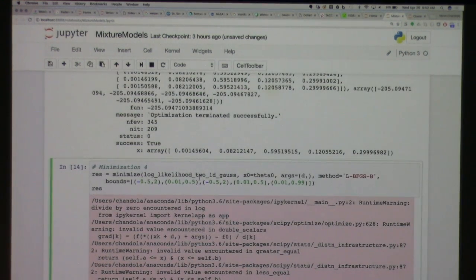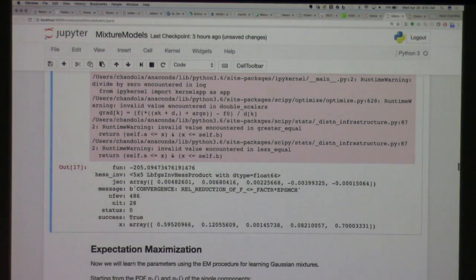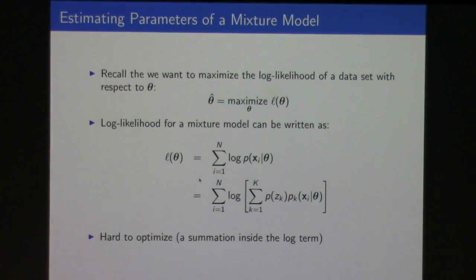If you apply this other function, it doesn't converge, right? So the point here is that if you directly try to optimize this objective function over here, it's very hard. So what we will see next time is an algorithm which tries to solve it in a more one-two dance fashion.